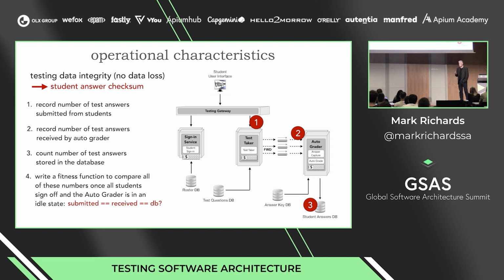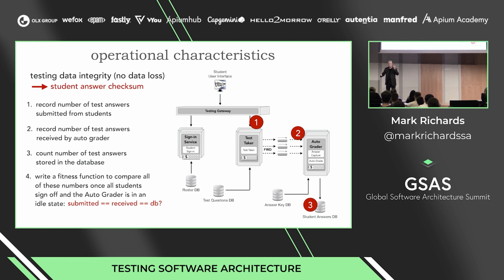Now, all of these should equal each other, but we have a little bit of a problem, because I was not quite accurate when I said this is a fairly straightforward and simple fitness function. Why? Here's why. Those three numbers will never be equal during testing. Oh, right, because this is all asynchronous.